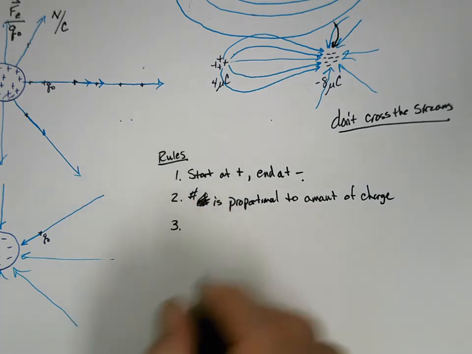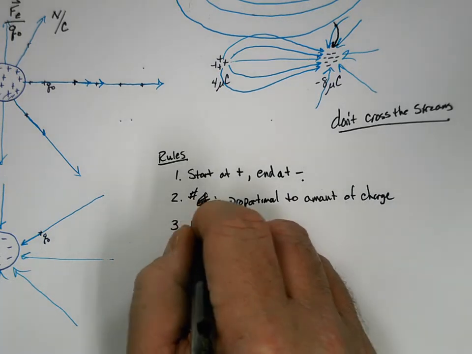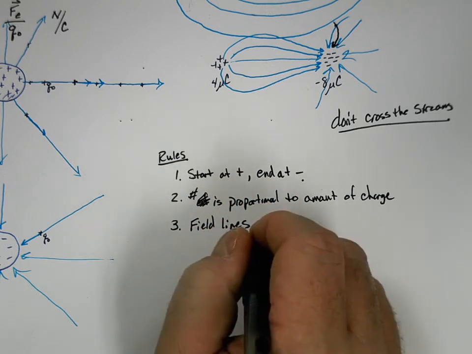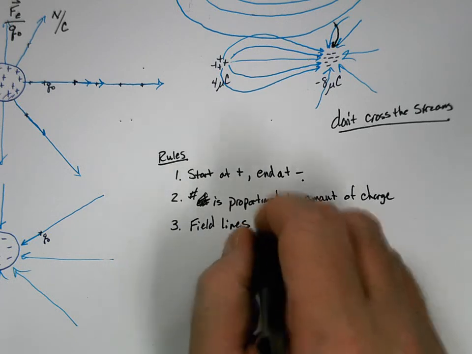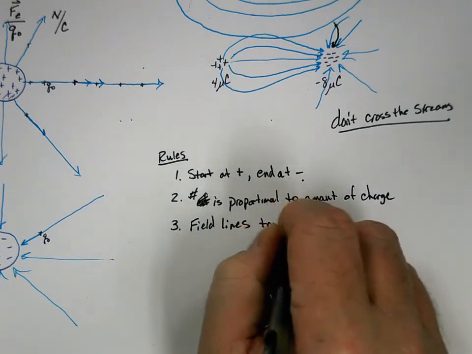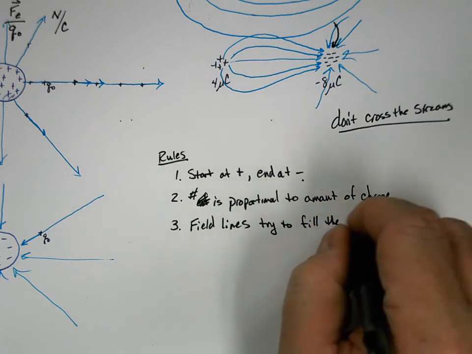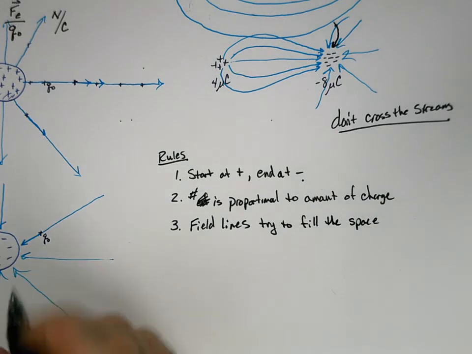Number 3. Field lines try to fill the space. Okay, so draw field lines to try to fill the space. To fill the space, not feel the space.